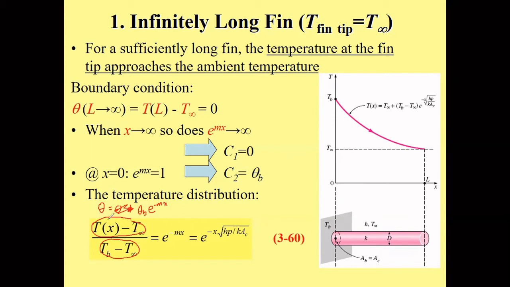If you solve for T of x, you get this. This general solution gives you the temperature distribution within the fin. So that's the use of the fin equation: to get the temperature distribution along the fin, right?